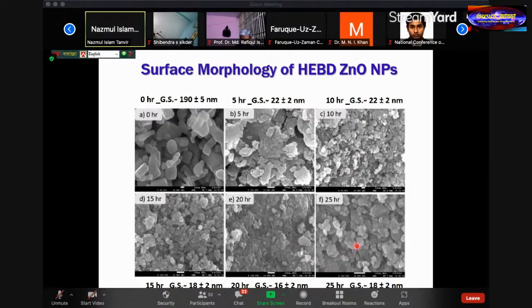We get the lowest particle size for 20 hours, which is around 16 plus minus 2 nanometers. Our primary zinc powder has a grain size of about 190 plus minus 5 nanometers.